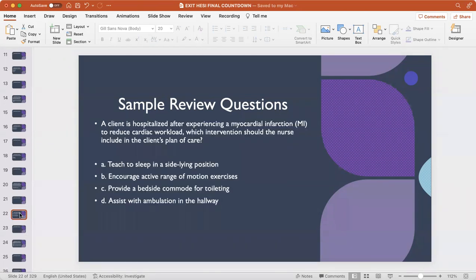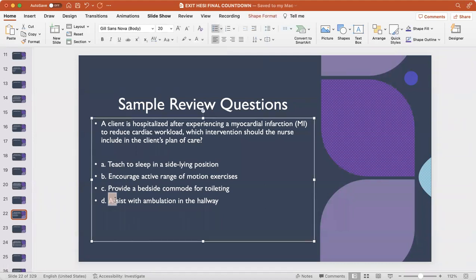Did I have anyone else answer anything other than C? I think I heard a D, but it might have been an accident. So let's talk about it just in case. All right, so why is assisting with ambulation in the hallway not a good idea for cardiac workload? It will increase it. Correct.